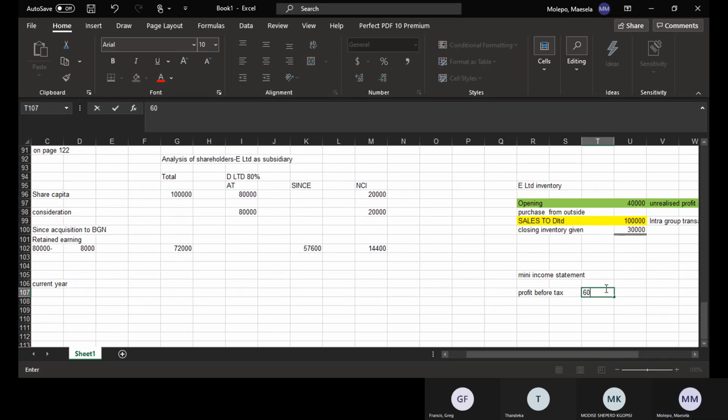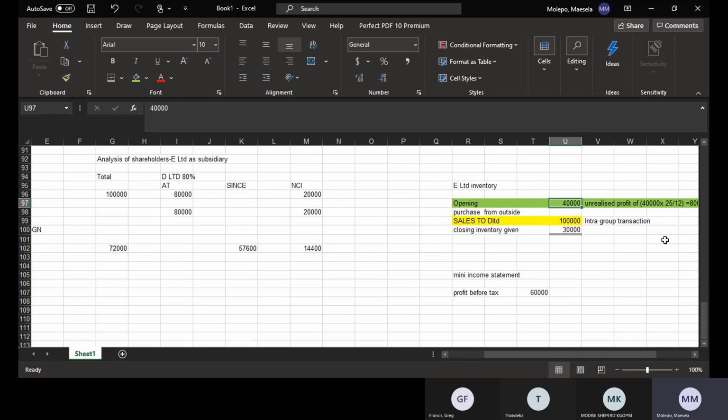And then we less the unrealized profit. This was the unrealized profit when we were closing the books. But as the subsidiary alone, this is the income statement of the subsidiary alone. Now the subsidiary realized that profit.